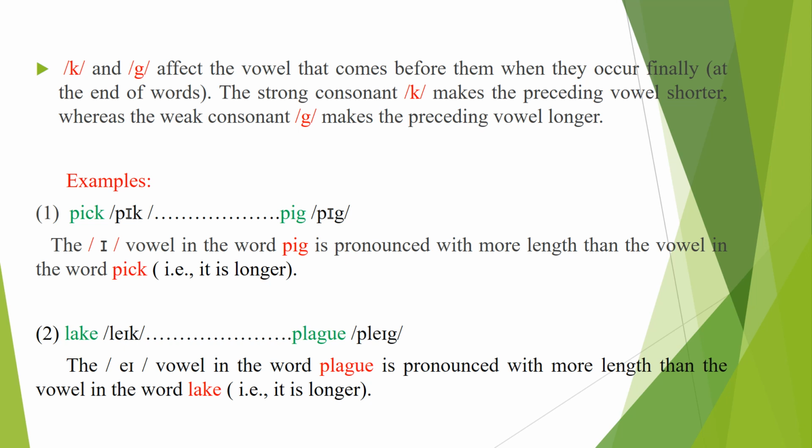So we pronounce them as pick, pig, pick, pig. The second example, lake and plague. The a vowel in the word plague is longer than the a vowel in the word lake. So we pronounce them as lake, plague, lake, plague.